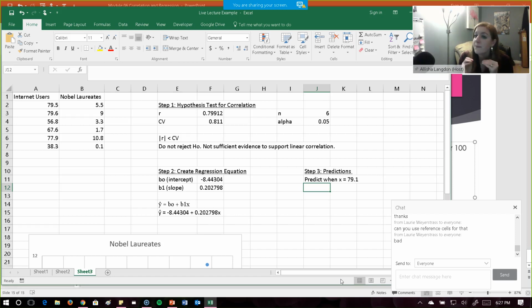So it would be a bad model because it failed. I shouldn't say it failed because that can be confusing. Basically, it's not a linear correlation, right? There's not sufficient evidence to support linear correlation. So that means that this is a bad model.